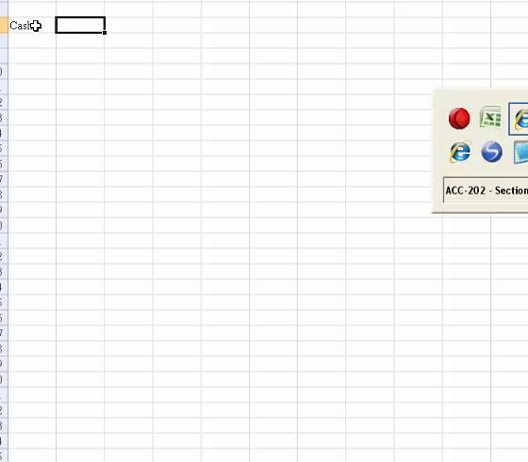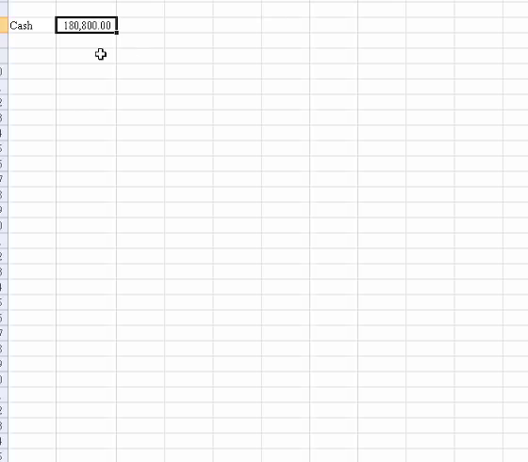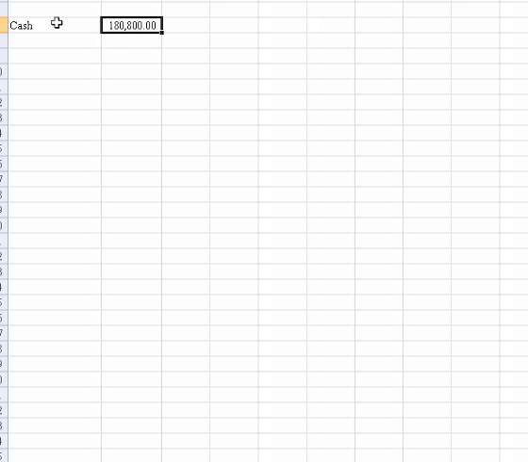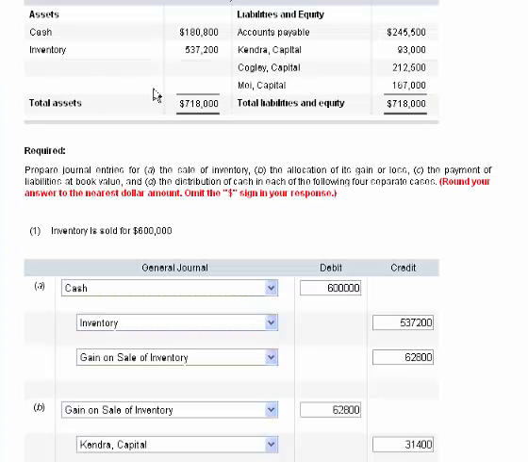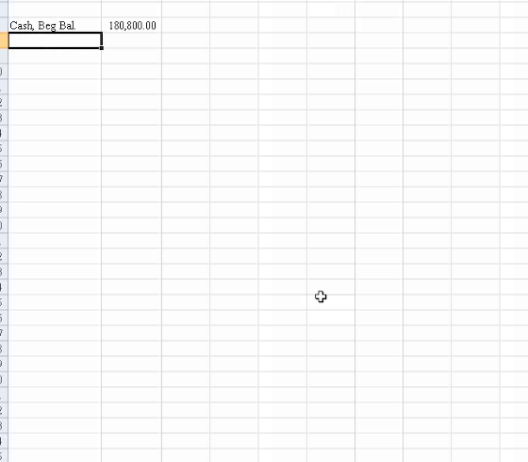Cash started at, shoot, back, $180,800. Just do it this way. And I'm going to call this the beginning balance. Then, going back to the screen, we had a sale of $600,000. So we have an increase of cash of $600,000.